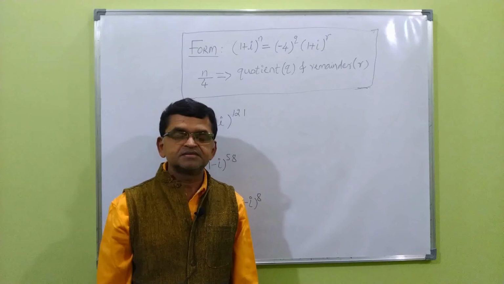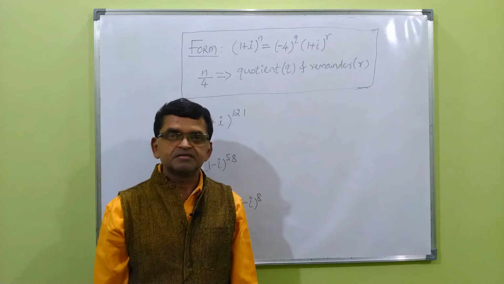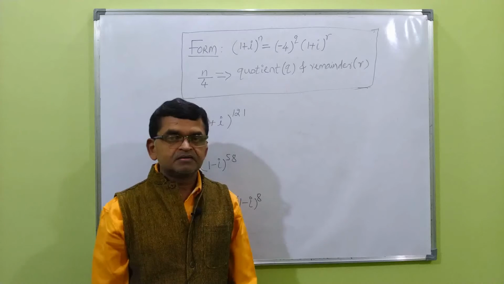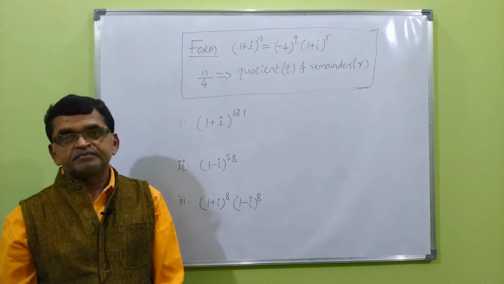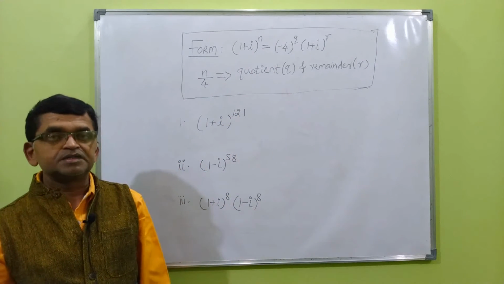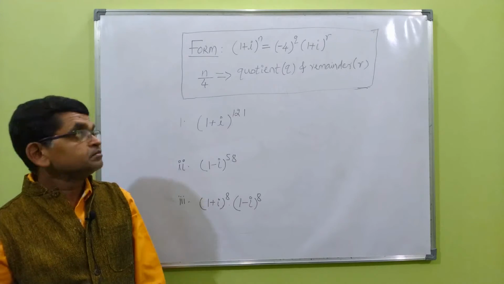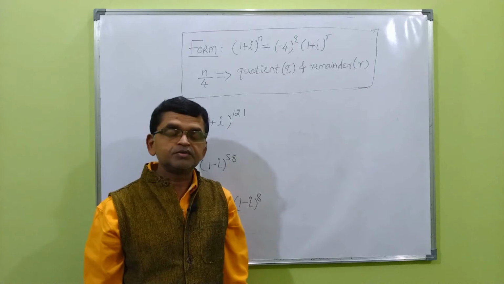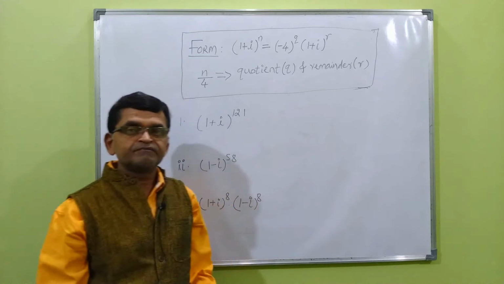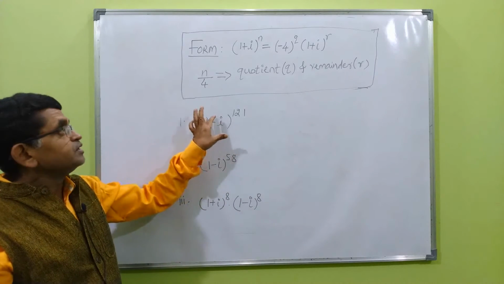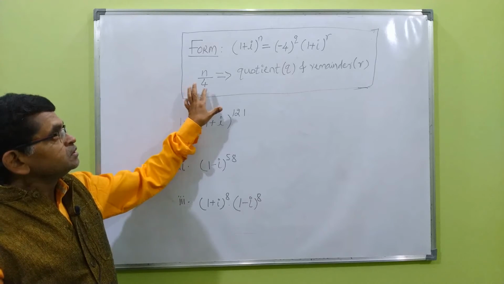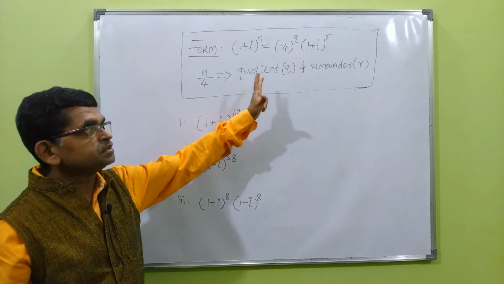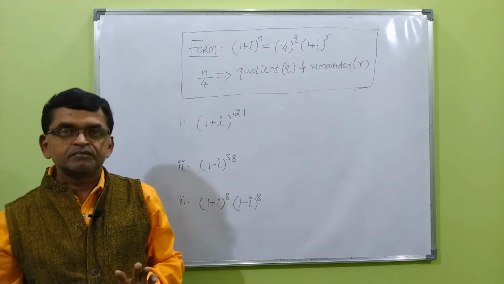Now let us consider one shortcut in complex numbers. (1 plus i) raised to n is equal to (minus 4) raised to q into (1 plus i) raised to r, if you divide n by 4 and get some quotient q and remainder r.